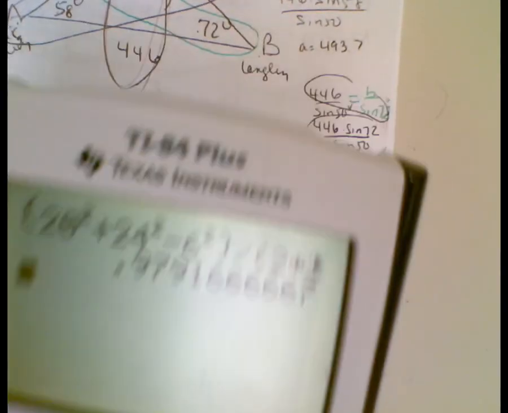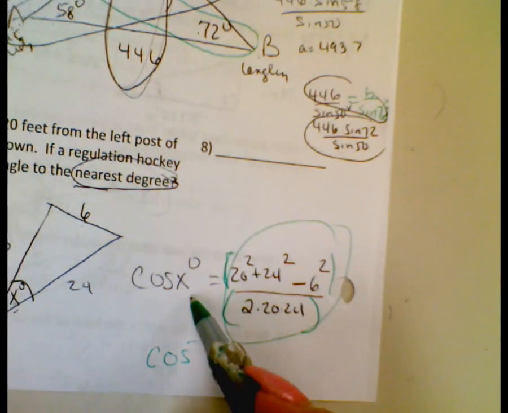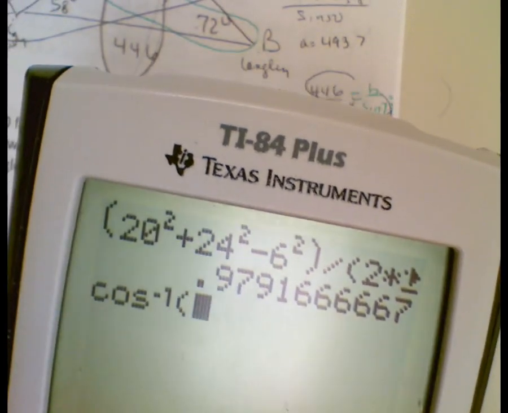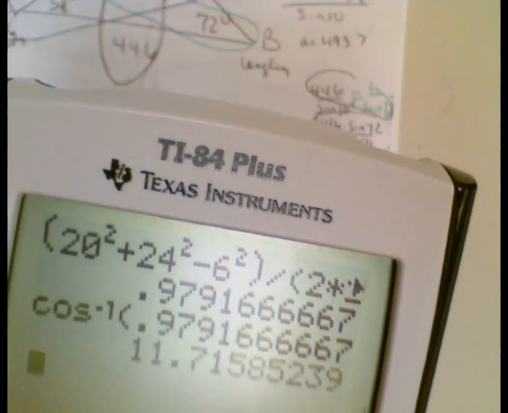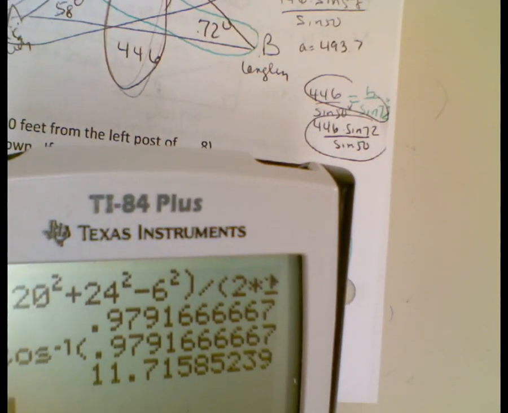Now, notice you're getting the decimal. That is not your angle. That is what cosine x equals. So you're going to take arc cosine of this, second cosine, highlight it, press enter, bring that decimal down. Your angle is 11.7 degrees. That is your shot. Your angle at goal is 11.7.